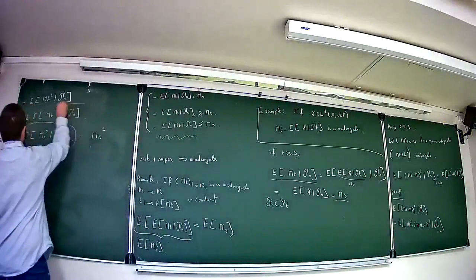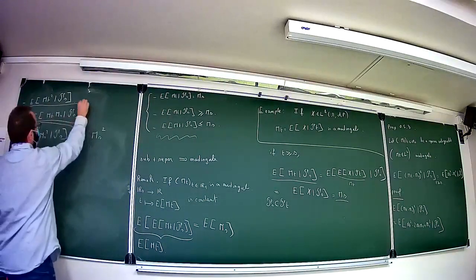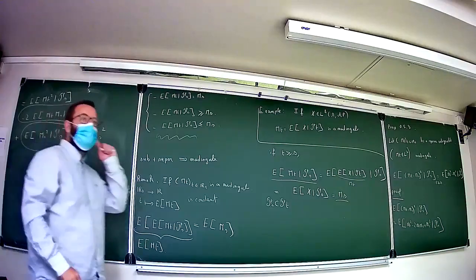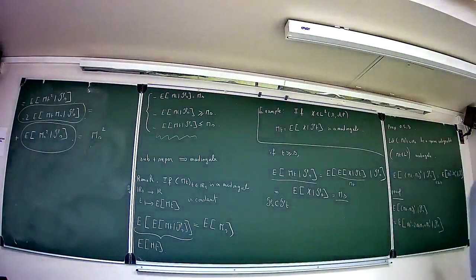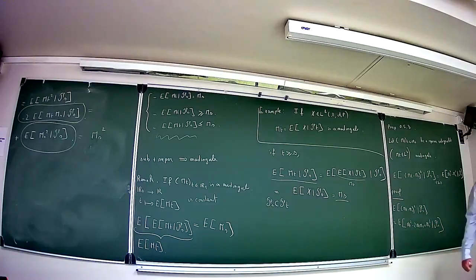For this term here, minus 2 M_S: I can remove what I know from the conditional expectation, that is, the things that are F_S measurable. Here M_T is in L2 and M_S is in L2, so the product is in L1 by the Cauchy-Schwarz inequality.